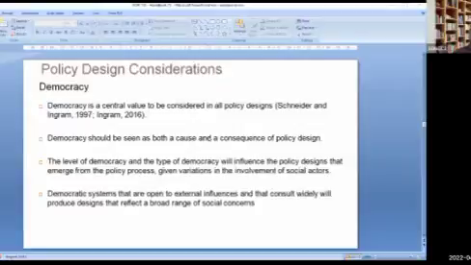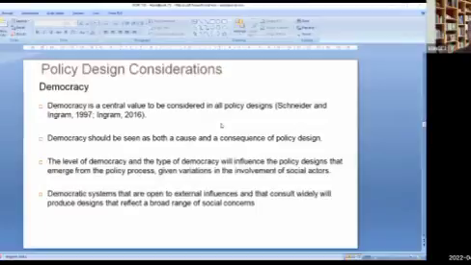Democratic systems that are open to expanded influences and that consult widely will produce designs that reflect a broad range of social concerns. So if you practice a more open type of democracy, there will be wider consultations, and this will produce designs that reflect a broad range of social concerns.